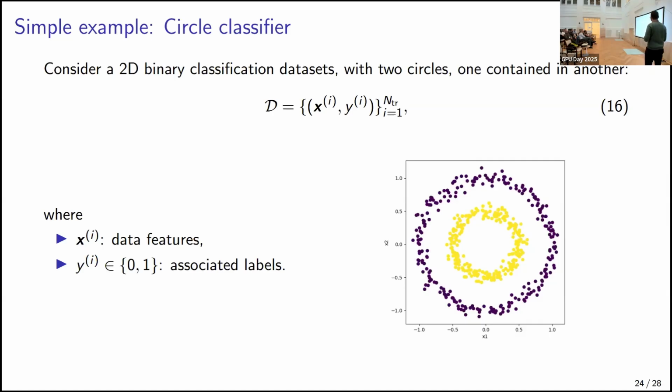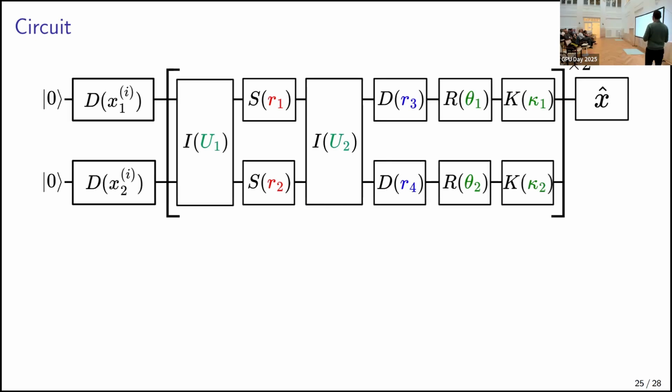That's a really easy task. And I use this circuit. This is a very small circuit, but the problem is that it is very difficult to run larger circuits with continuous variable quantum computing due to the infinite dimensionality of the Hilbert space.